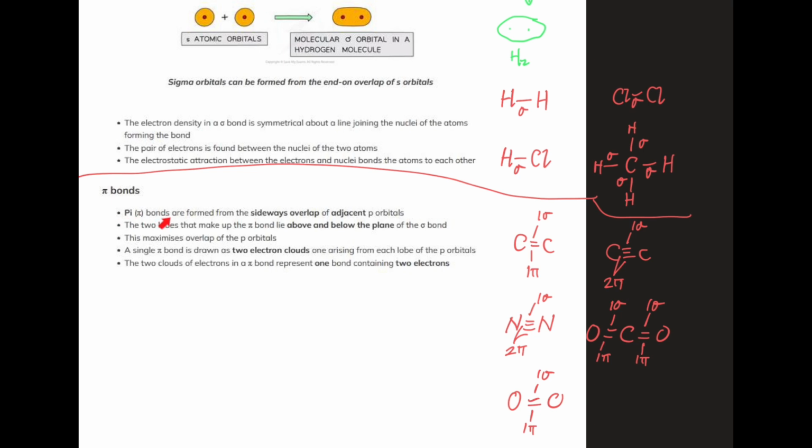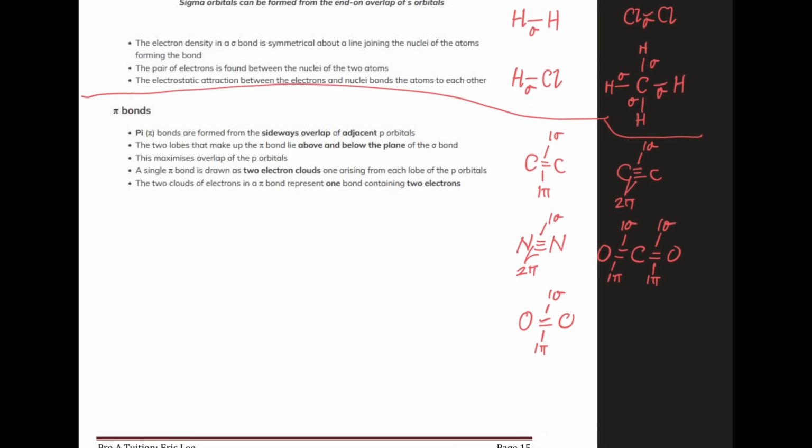Pi bonds are formed from the sideways overlap of adjacent p orbitals. Let's say I draw a picture to let you see how they have the sideways overlap. I use oxygen as my example.